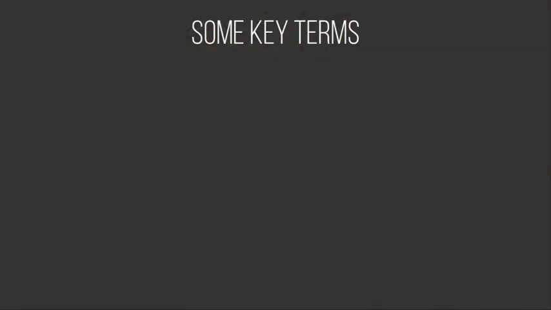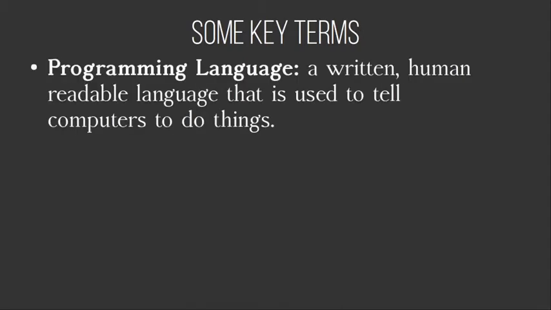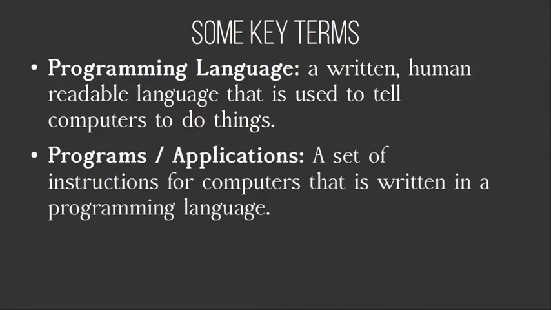First off, let's look at what a programming language is. A programming language is quite simply a written, human-readable language that is used to tell computers to do things. Now, a program or an application is a set of instructions for computers that is written in a programming language.